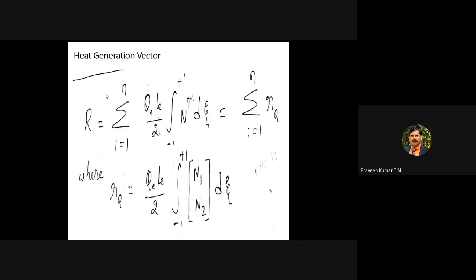In a similar way, we'll get one more vector, the R vector. So the R vector is nothing but RQ. We are using capital letter R and lowercase letter r. Capital letter R is the global heat generation vector, because we have a summation from i equal to 1 to n.